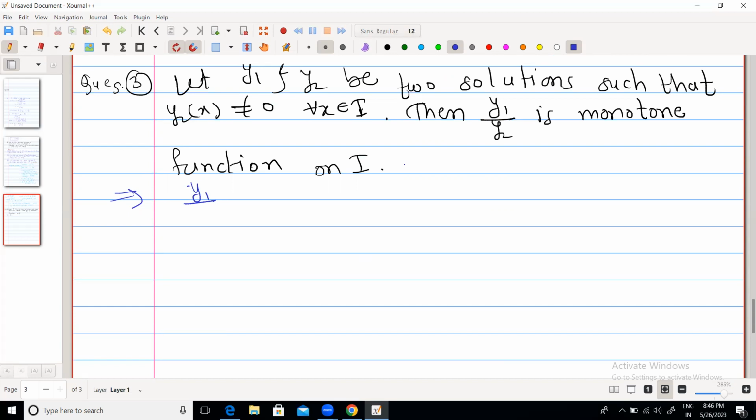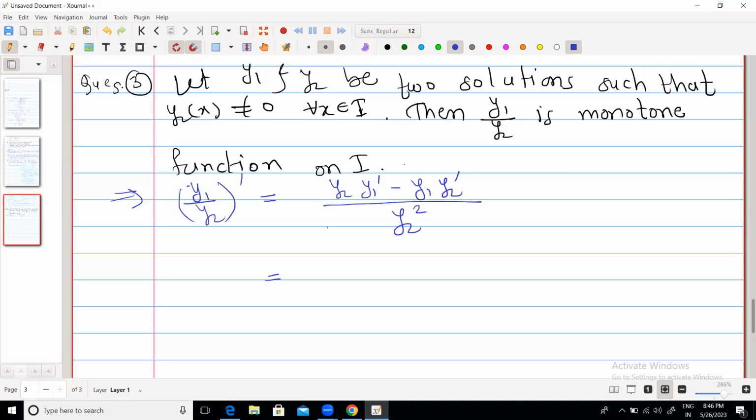So first of all, find the first derivative of y1 divided by y2. It's the derivative: denominator into derivative of numerator minus numerator into derivative of denominator, divided by denominator square. Okay, by using the division rule.